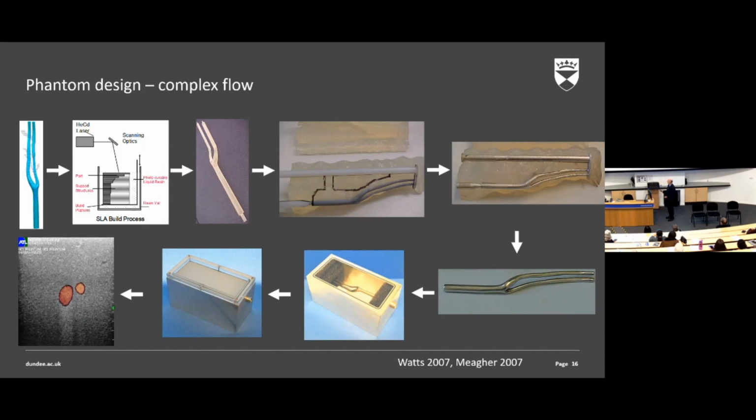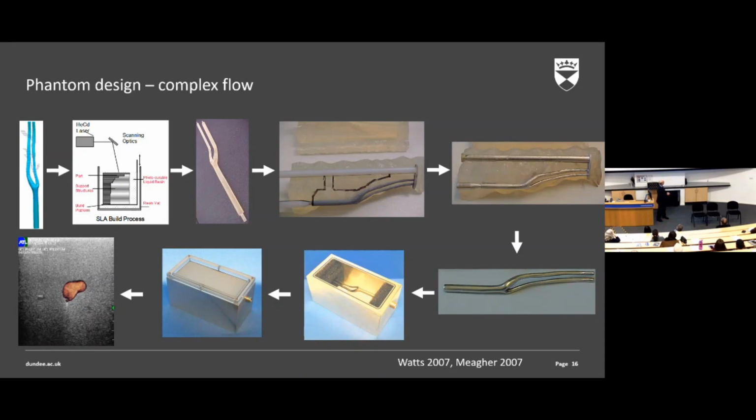So we start off with a solid model, an idealized CAD file on the left-hand side, which has been taken using MRI and then idealized. This goes through a stereolithography process to make this solid model at the top. This then gets incorporated into a silicone mold to make the silicone mold.